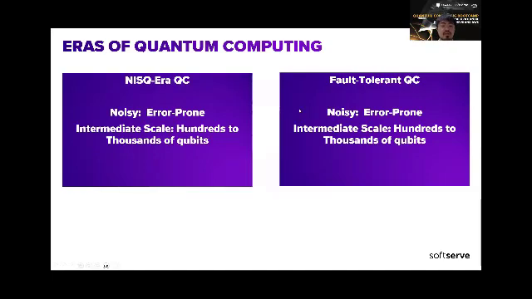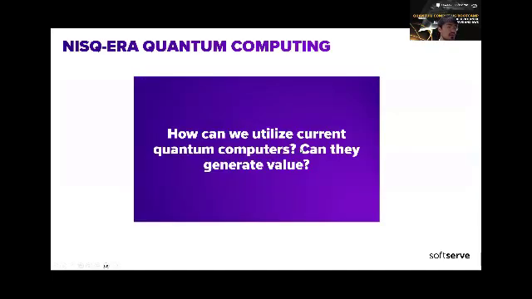So the real question that people are asking with NISQ era quantum computing right now is, how can we utilize current quantum computers and can they generate value right now?